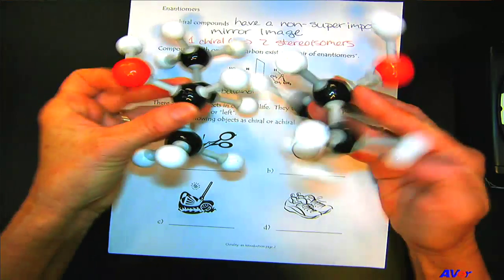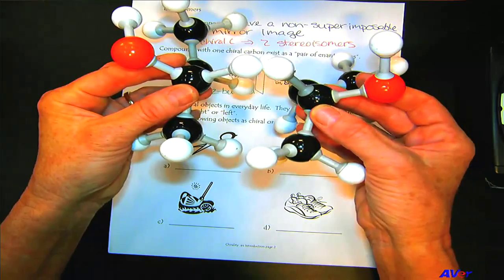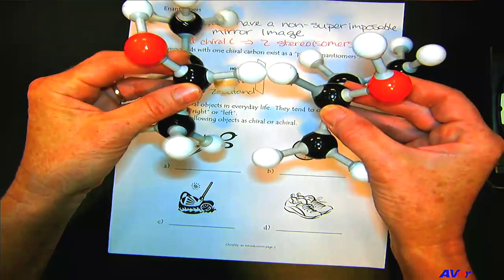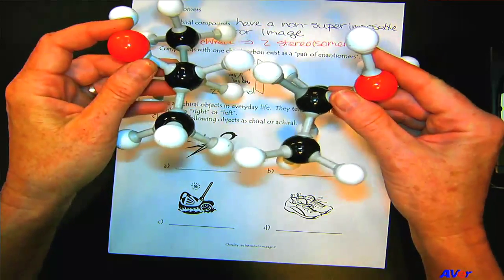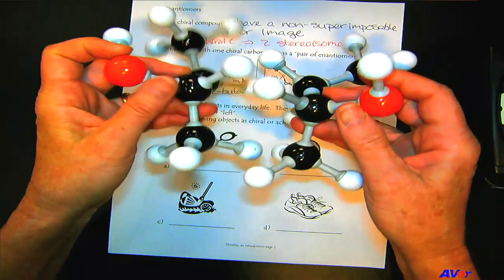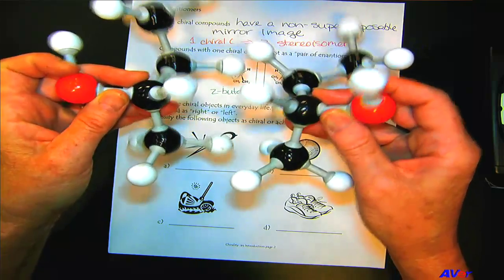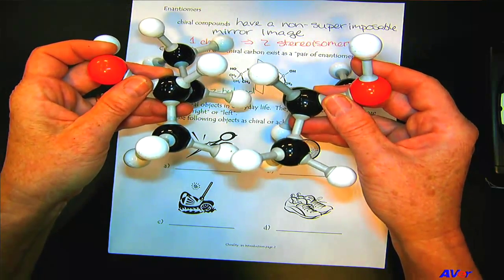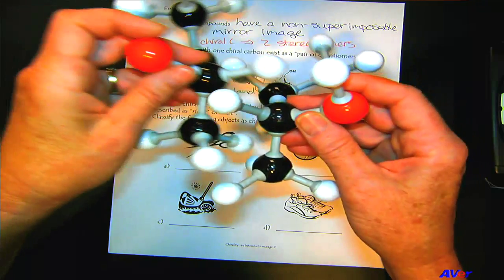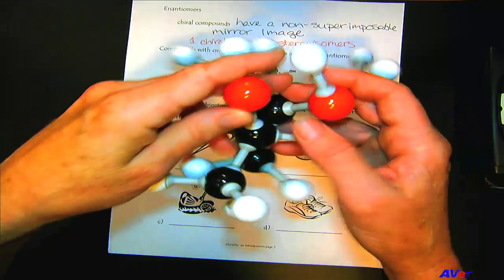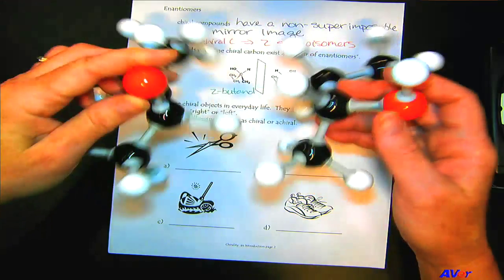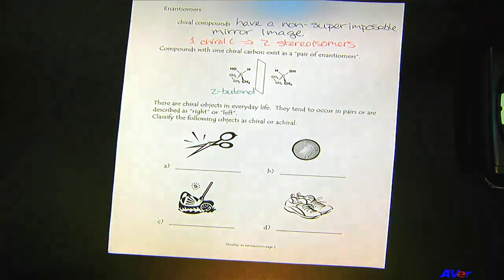If I hold the 2 chiral carbons, here I'm touching the hydrogens, and then you see the OHs, and then the methyls, and then there's the ethyls, right? So we have mirror images, but if I try to overlap them, they will not superimpose. This happens with our hands as well.